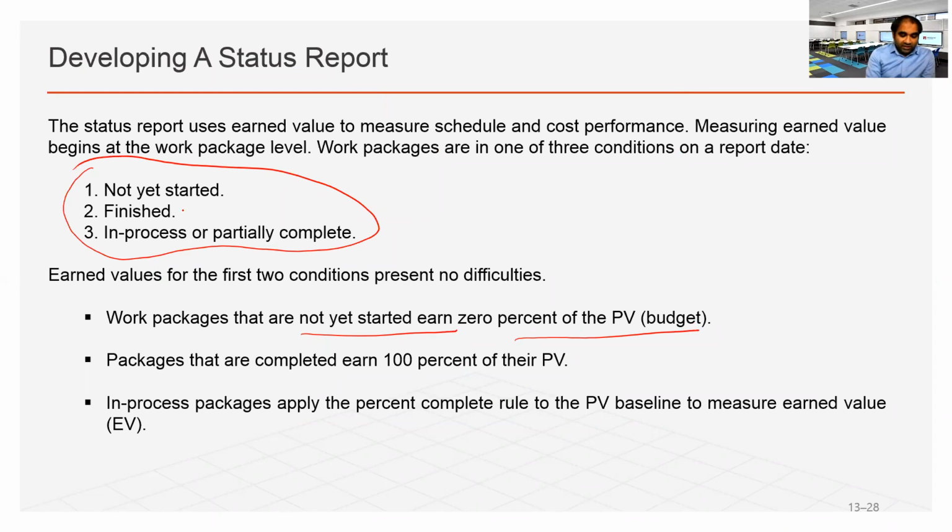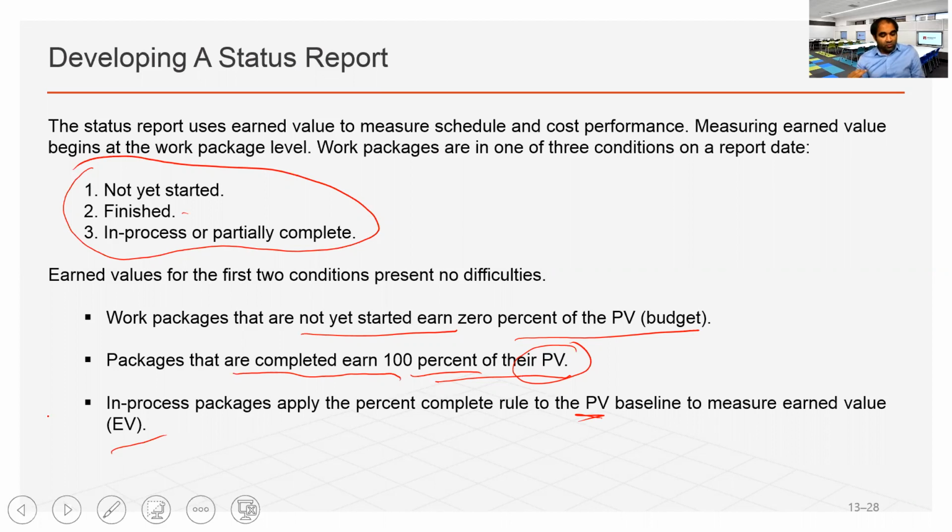If it is finished, completed 100%, then we multiply 100% with the planned value, PV, to calculate earned value. If it is in progress, the percentage of work completed by the end of that time period, multiplied by PV, gives us EV. Okay, now let's go one by one.